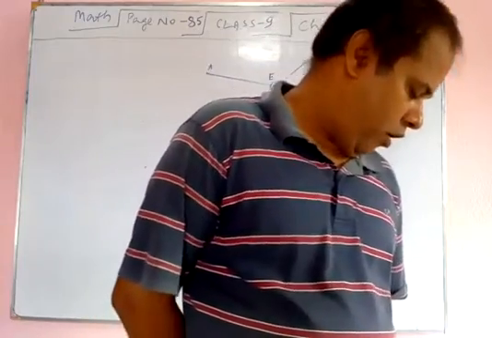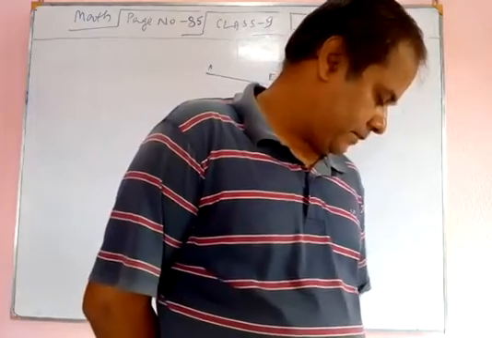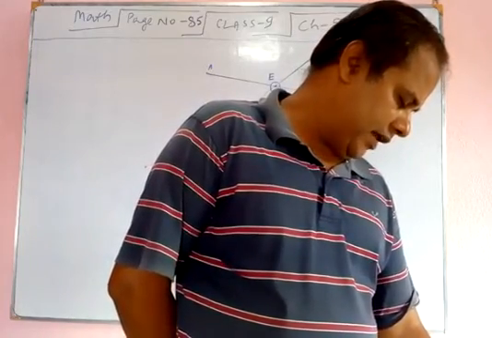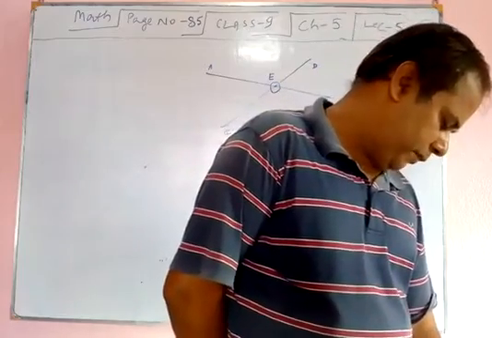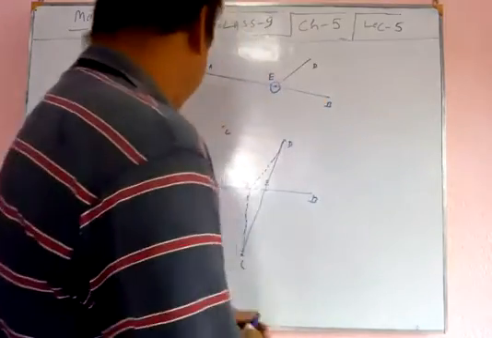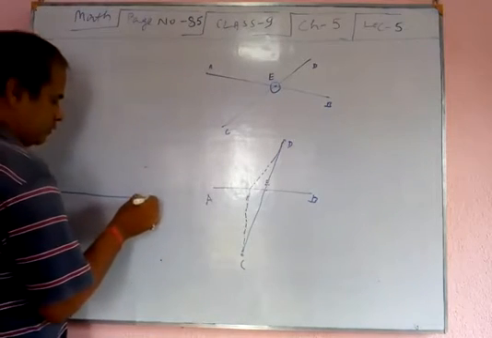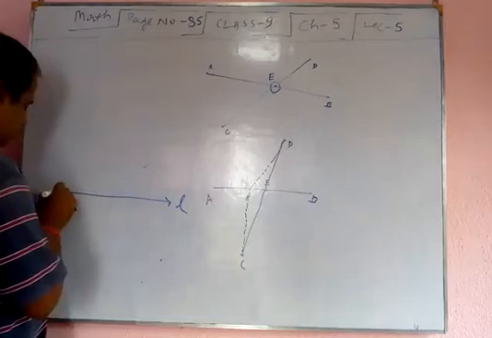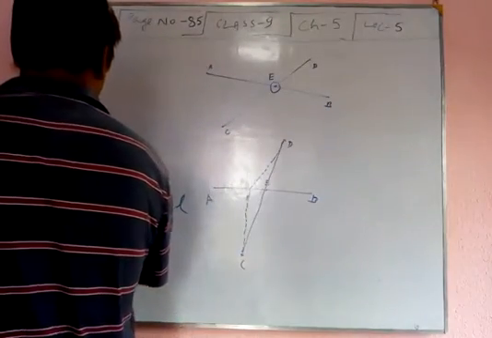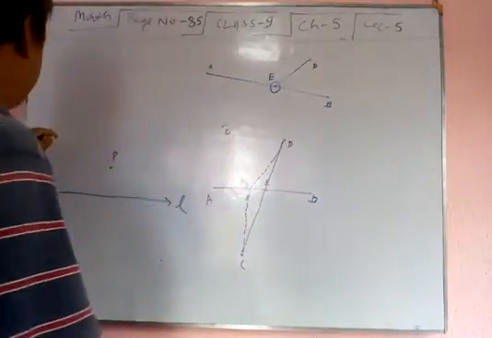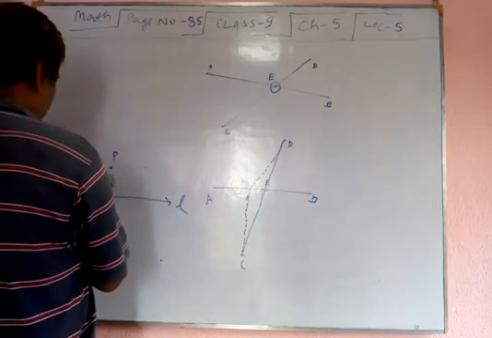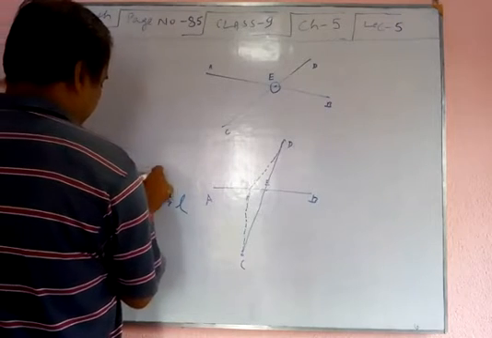He stated: for every line L and for every point P not lying on L, there exists a unique line M passing through P and parallel to L. The statement is for every line L, and for every point P which does not lie on the line L, there exists one line passing through P and parallel to L.